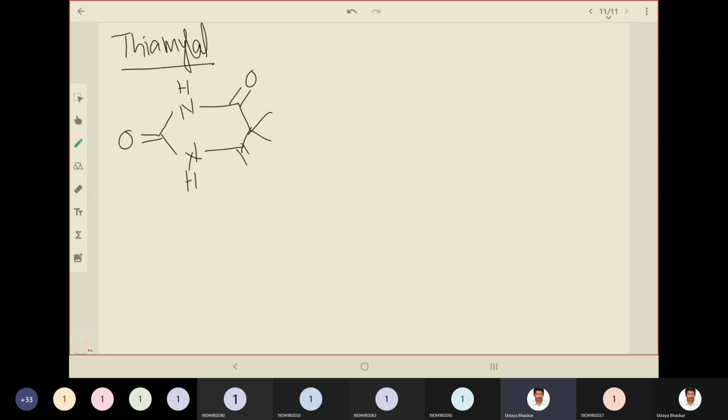So one side chain is propene. The other side chain was hexyne in the case of methohexital, but let us see what it is here. Here it is a pentyl group. So this is the structure of thiamylal sodium.